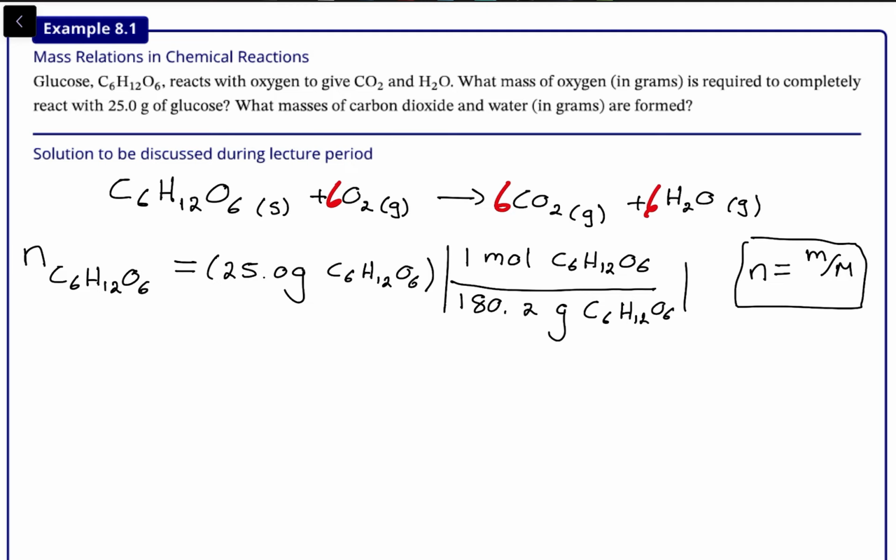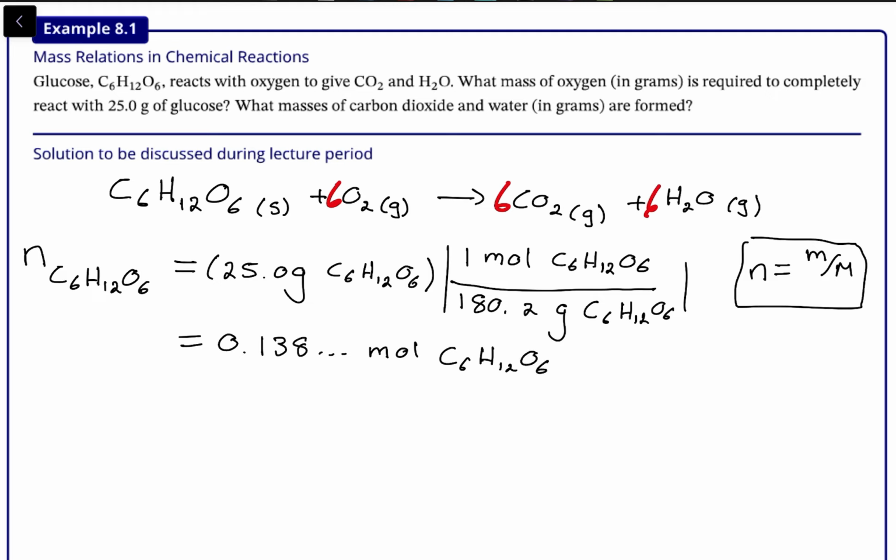You want to cheat, and you can quickly write that down for yourself. But remember, 1 mole of glucose weighs 180.2 gram. Okay. That then gives us some value of 1.38 and some numbers, mole, because that is what's left over, C6H12O6.